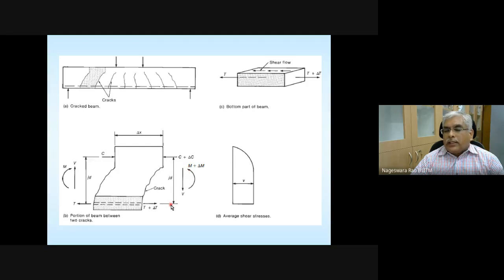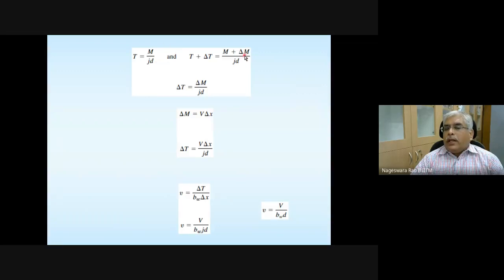Those are the two relations. Subtract the first equation from the second equation, and you get this differential equation: delta T is equal to delta M divided by jd. Any questions?